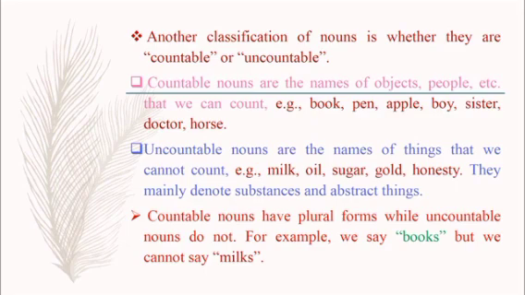They mainly denote substances and abstract things. Students, note: countable nouns have plural forms while uncountable nouns do not. For example, we say books, but we cannot say milks.